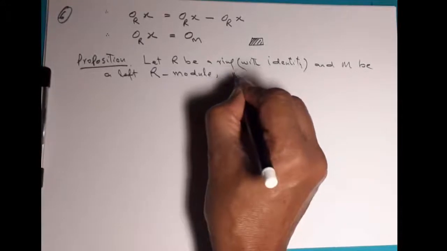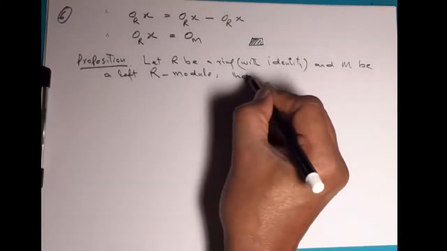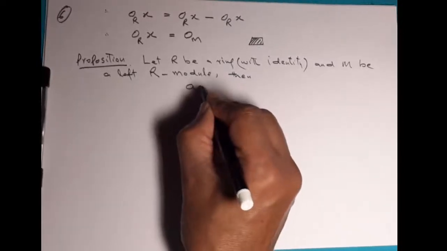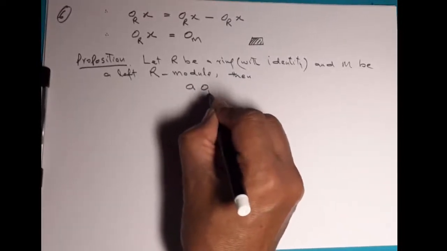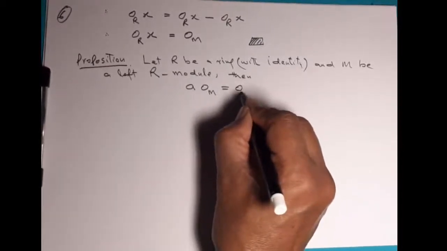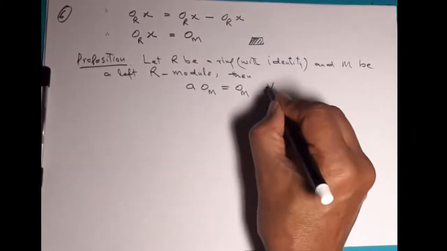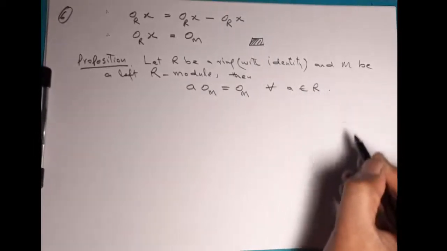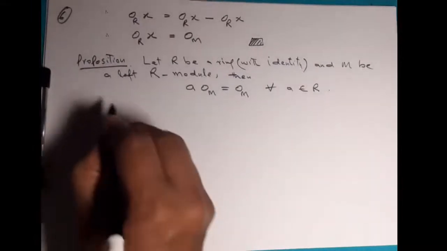Then we shall prove that A multiplied with 0 of M is equal to 0 of M, 0 of module, for all A belonging to the ring R. So the proof is very simple.